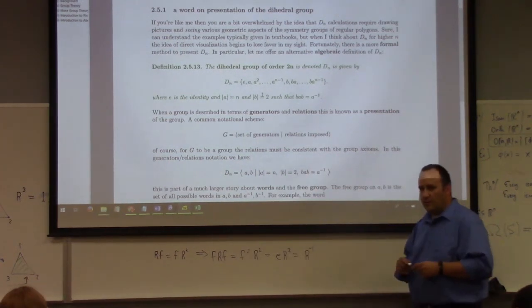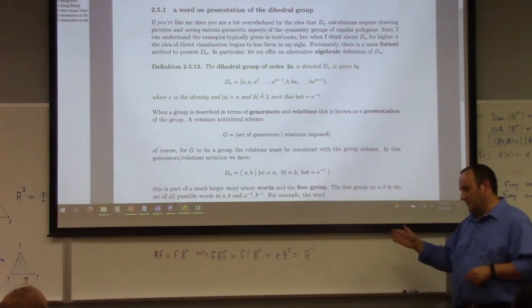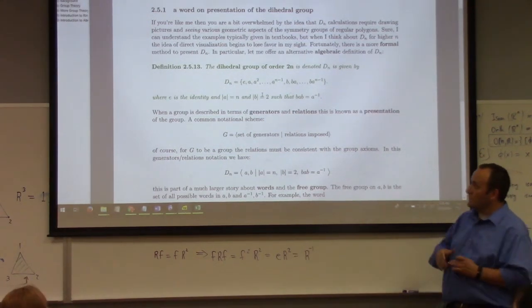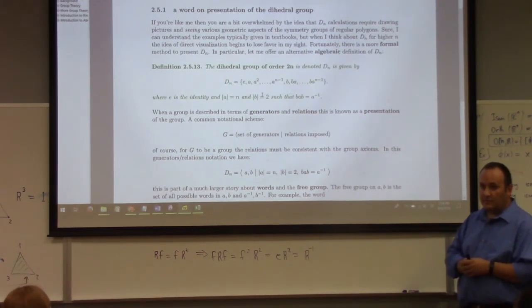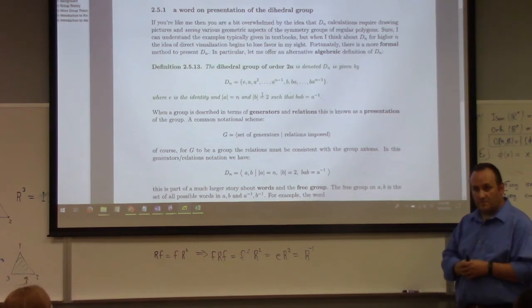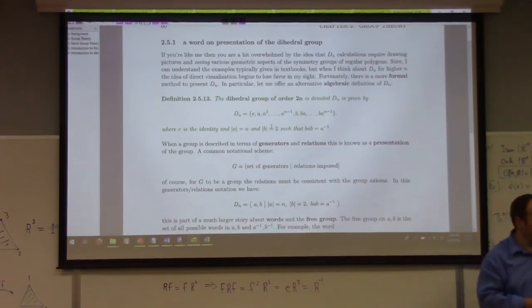So, in fact, the thing we worked out geometrically just now is indeed FRF equals R inverse, which in this notation would be BAB equals A inverse. The dihedral group is not commutative. Got to be careful. AB is not generally equal to BA.